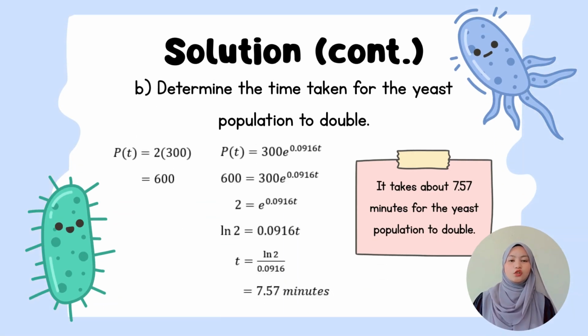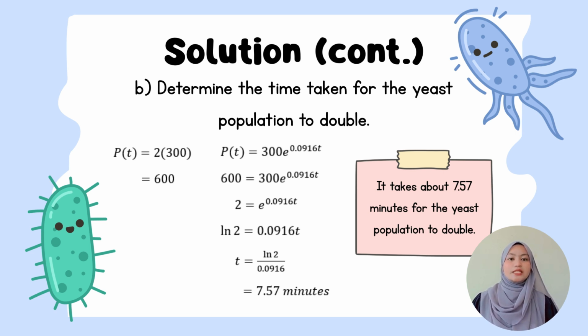For the solution for question B, which is determine the time taken for the yeast population to double. Therefore, we need to multiply 300 by 2, which is P(t) equals 2 times 300, and the answer will be 600. To find the time taken for the yeast population to double, we need to use the equation that we got from the previous question, which is P(t) equals 300 e to the power of 0.0916t.